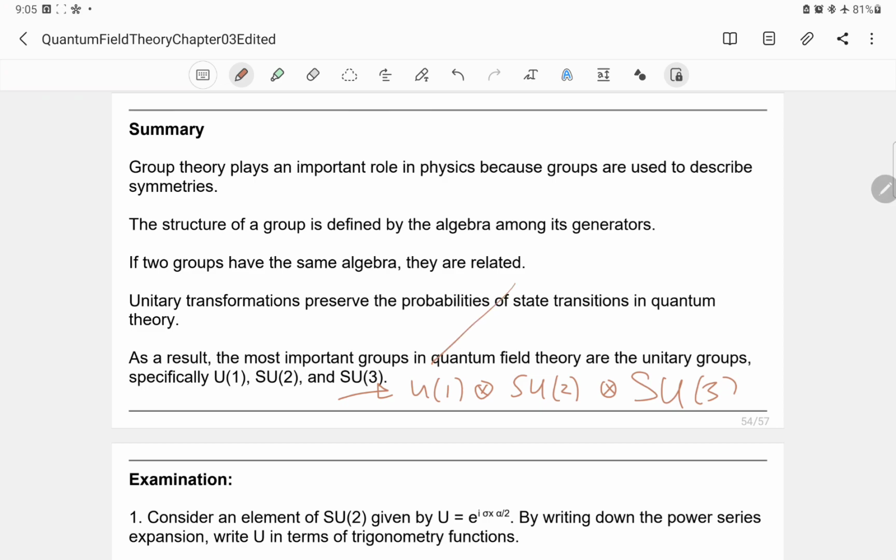So this one is for QED, this one is for the electroweak theory, and this one is for QCD.